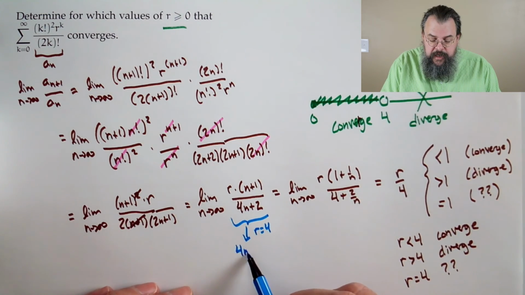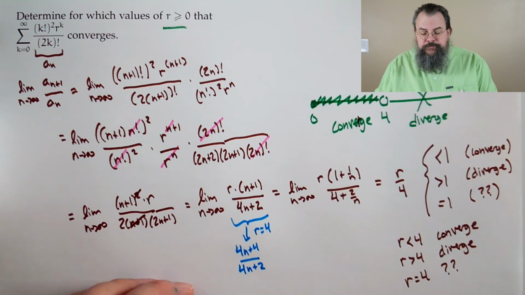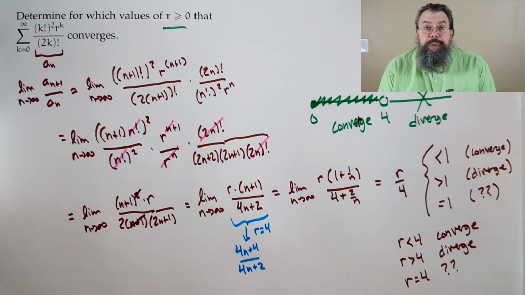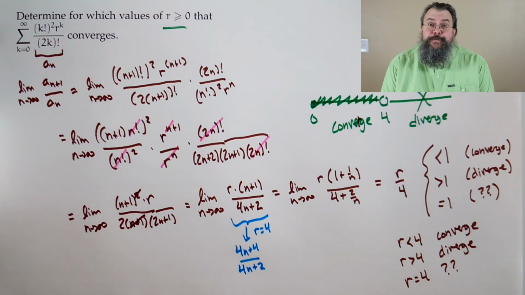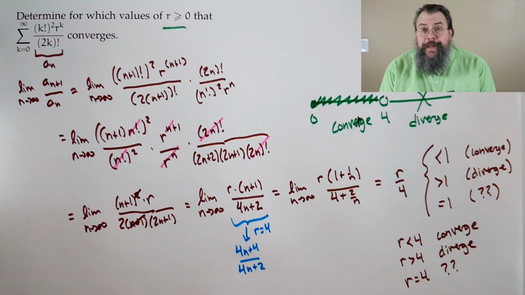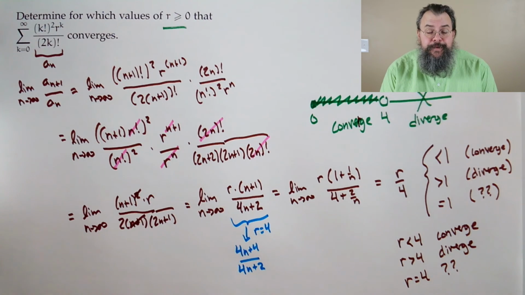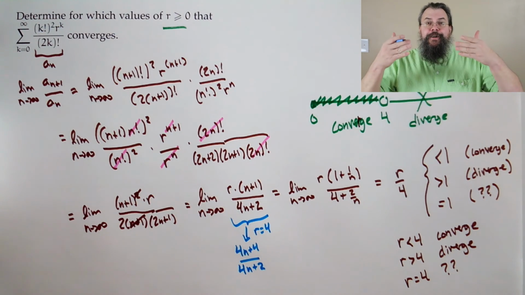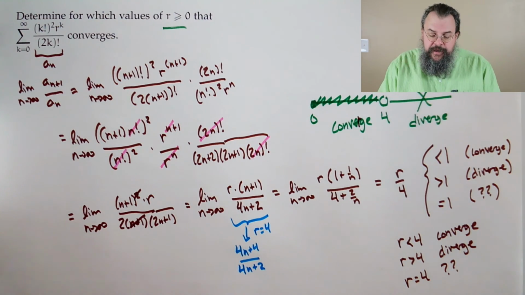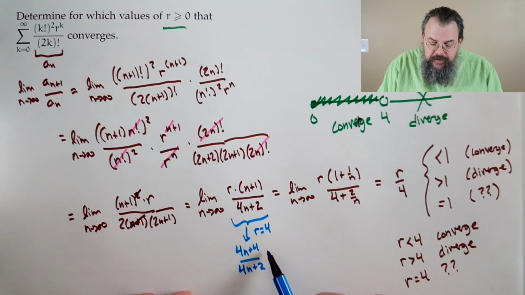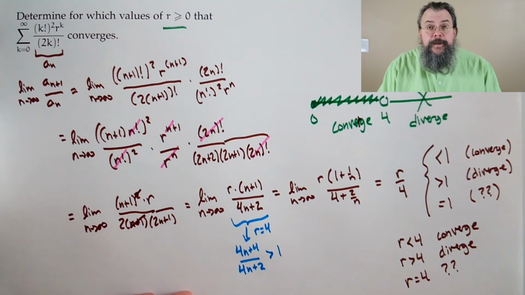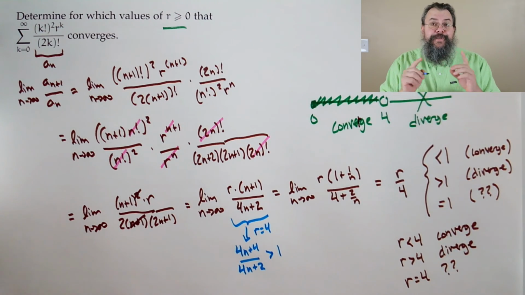This is (4n + 4) over (4n + 2). And that's not too surprising. What can you say about the quantity (4n + 4) divided by (4n + 2)? We can say something. Well, the numerator is larger than the denominator, which means that this is above 1.